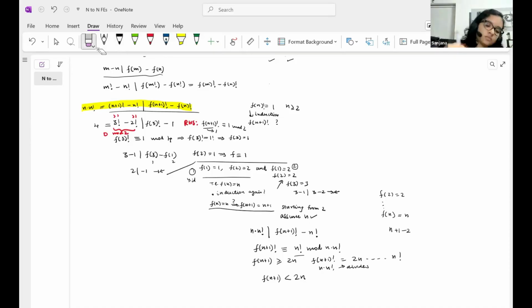So, putting in n plus 1 and 2, you'd get n plus 1 minus 2 divides f of n plus 1 minus 2. So n minus 1 divides this. And this would give you that f of n plus 1 is congruent to 2 mod n minus 1.